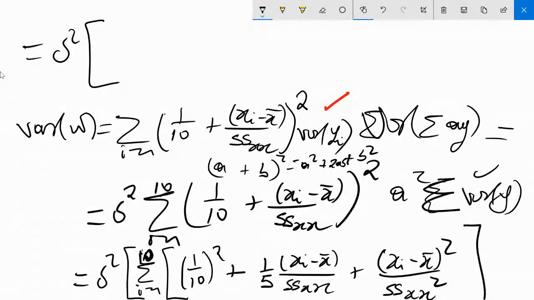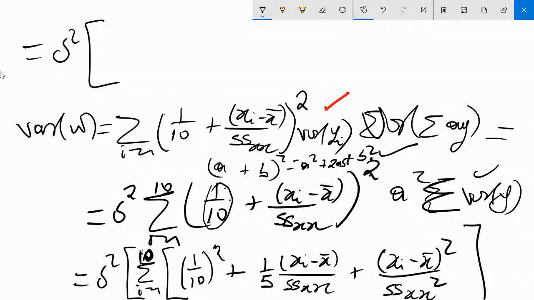Before you continue, can you please explain that step again? Now here we have a plus b squared. And by that definition that we have been using since primary school, a plus b squared is nothing but a squared plus 2ab plus b squared. So if this is our a, it means here we're going to have a squared, following this definition. So a squared is going to be 1 over 10 squared. 2ab means we'll have 2 multiplied by 1 over 10 multiplied by xi minus x bar divided by SSxx.